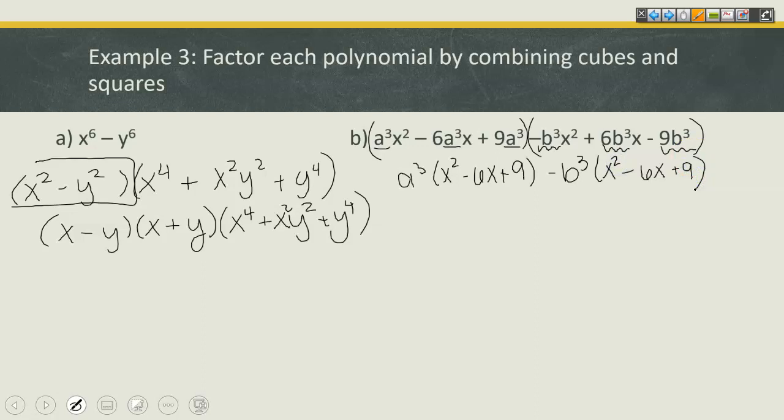Again, you took out a negative b cubed, so it changed the signs inside.